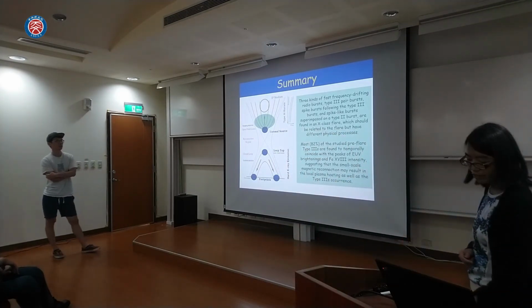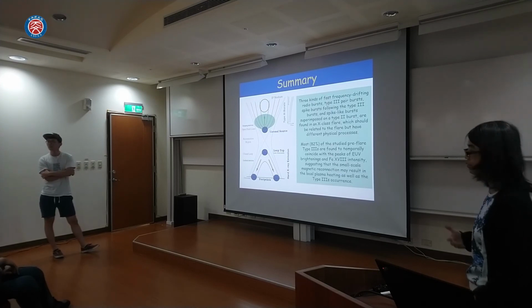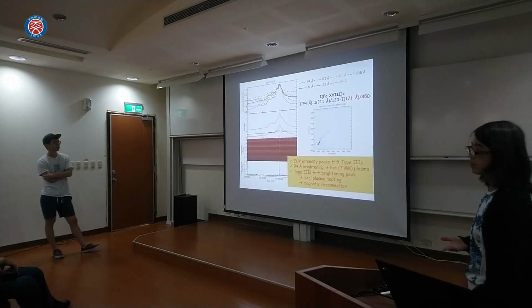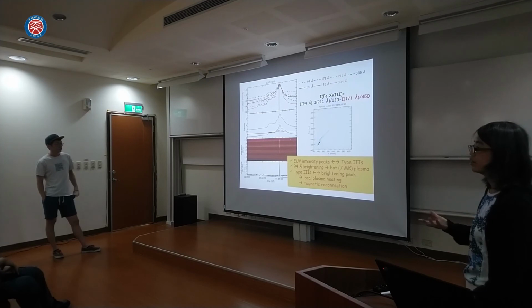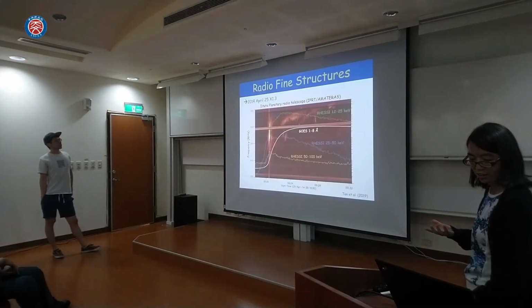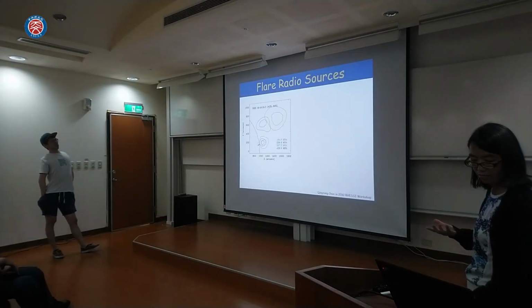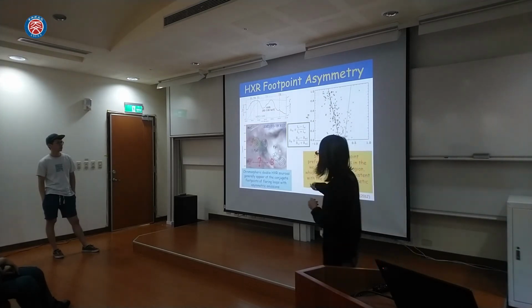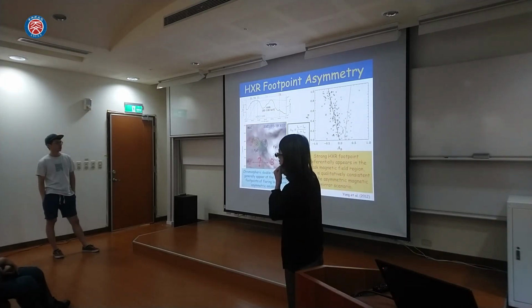Yeah, the magnetic field is just derived from the photosphere. Let me show you. The background image is the line of sight magnetic field, just measured at the photosphere.